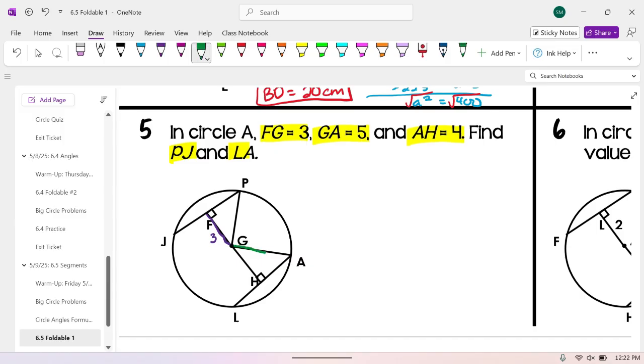GA, which is this segment right here, is 5. AH, which is this segment right here, is 4. And they want us to find the length of PJ and the length of LA.